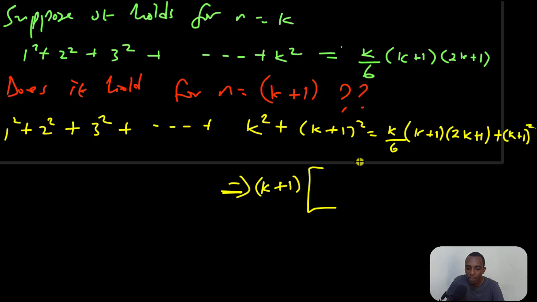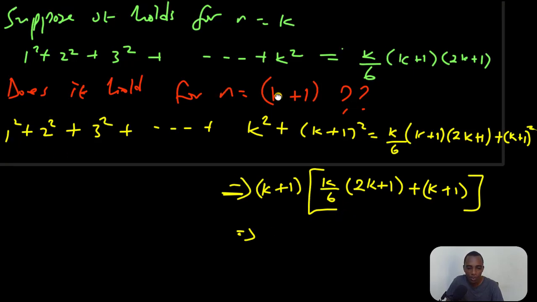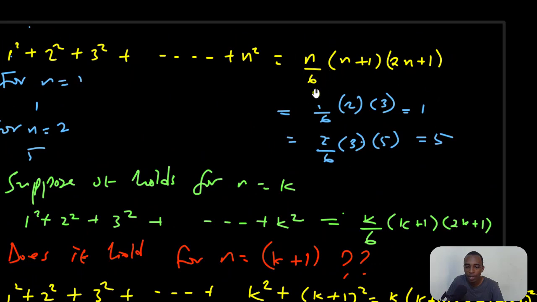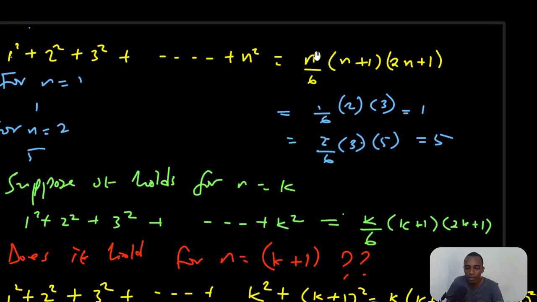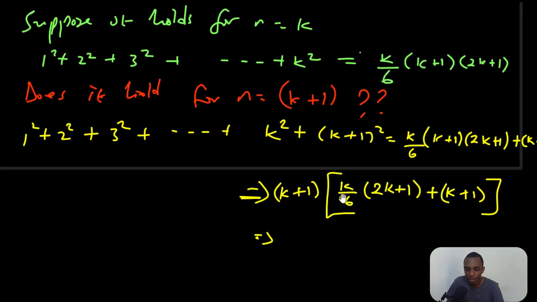So I have k over 6 into 2k plus 1 plus k plus 1. Since the original expression had n over 6, I think it's better to factorize out this 6 at this stage.